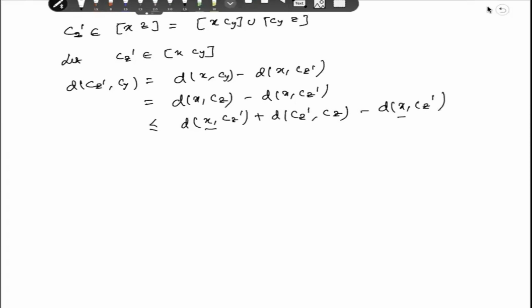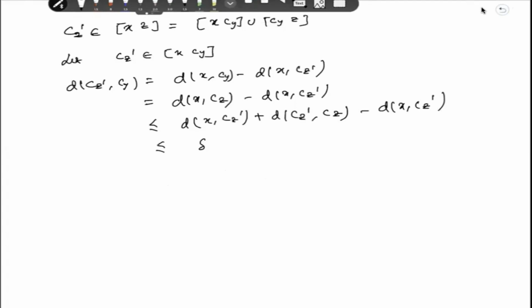So these two terms, the distance between X and CZ prime, will cancel. And the distance between CZ and CZ prime is less than or equal to delta. That comes from the slimness. Therefore, the distance between CZ prime and CY is less than or equal to delta.